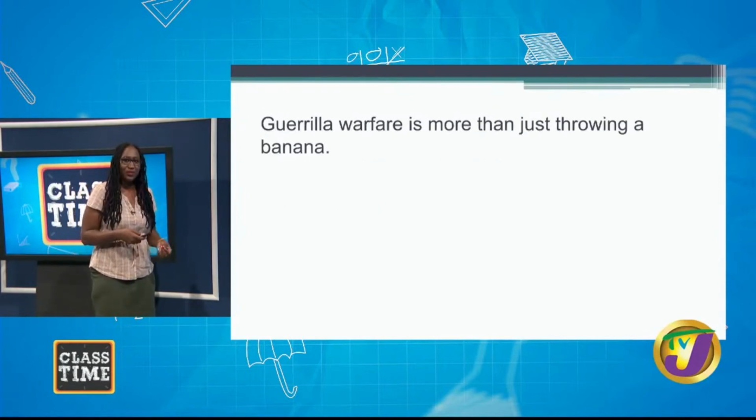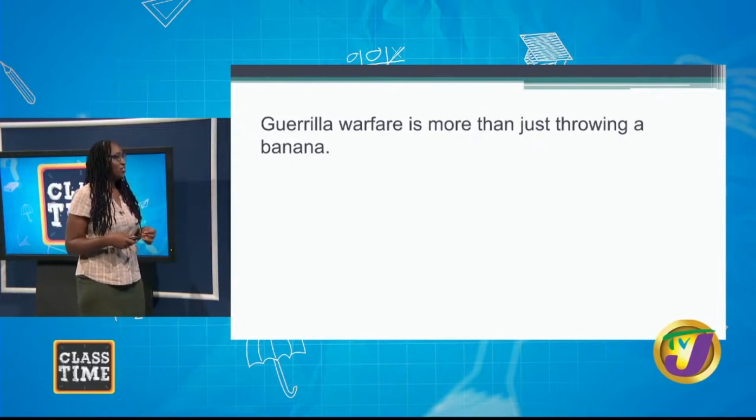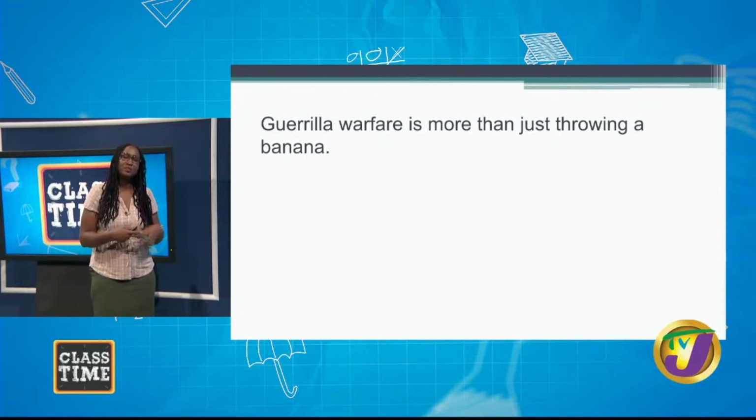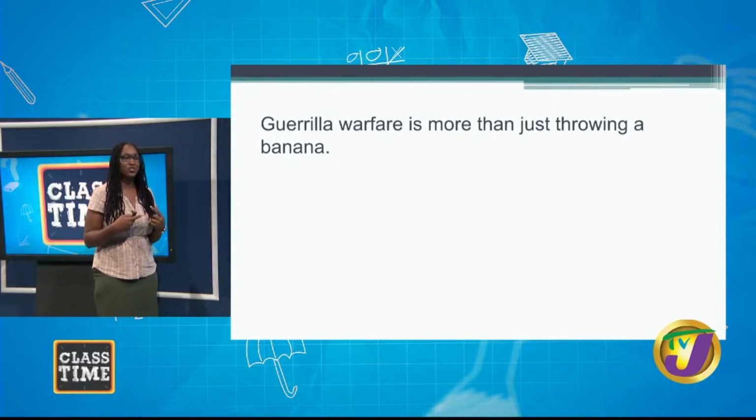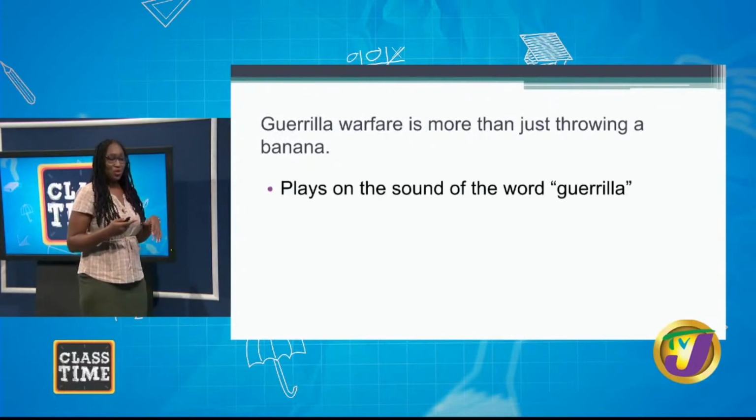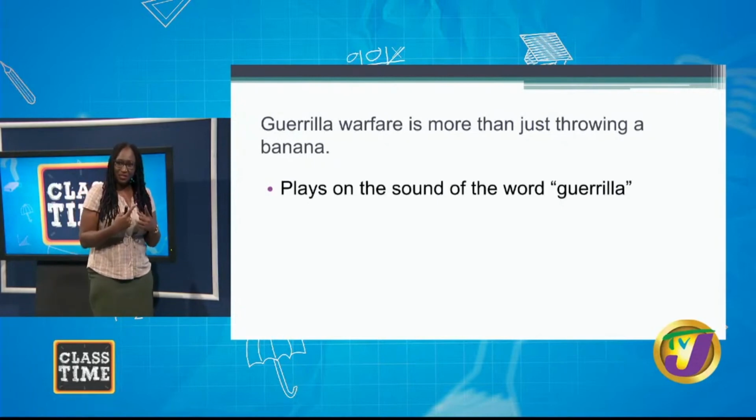Now look at this one. Guerrilla warfare is more than just throwing a banana. Where's the pun there? Where's the play on words? What is happening? What you playing with? Guerrilla warfare is more than just throwing a banana. Now, it's playing on the sound of a particular word.